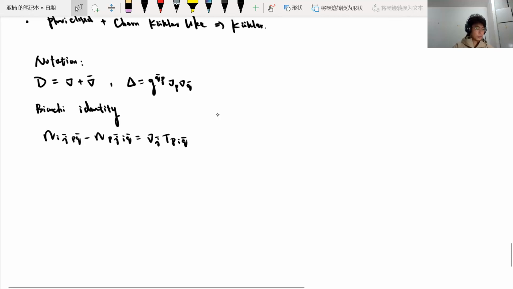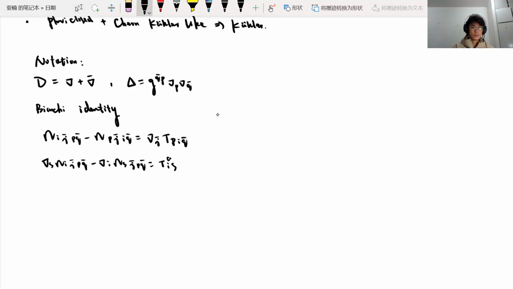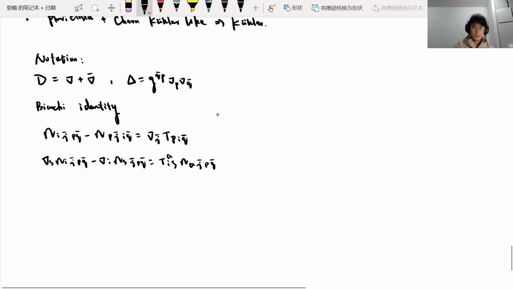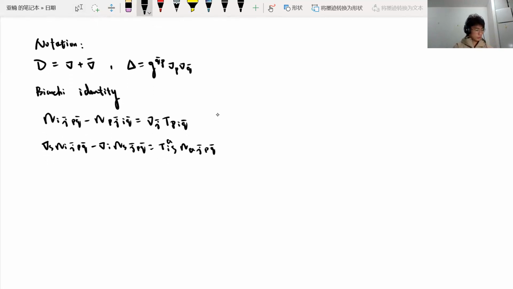And the second Bianchi identity. The Bianchi identity for the Chern connection is very simple, but it is very complex for the Bismut connection.